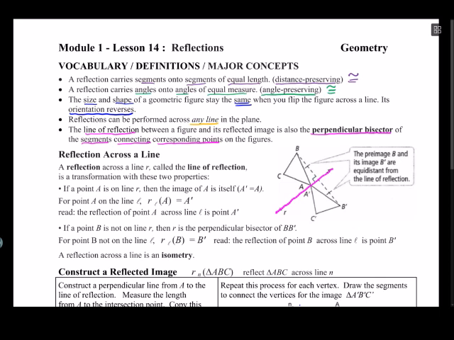And the segment connecting corresponding points, so B and its image B prime, this segment right here, our line of reflection is going to be the perpendicular bisector of that segment, because any point on the perpendicular bisector, so this point right here, is equidistant from the endpoints of that segment. Nifty stuff.